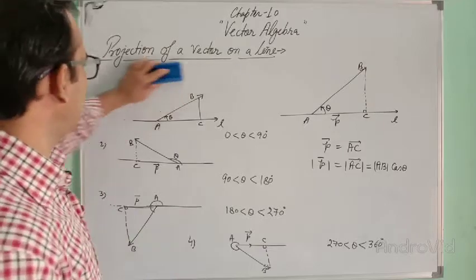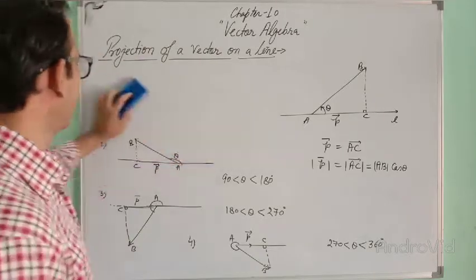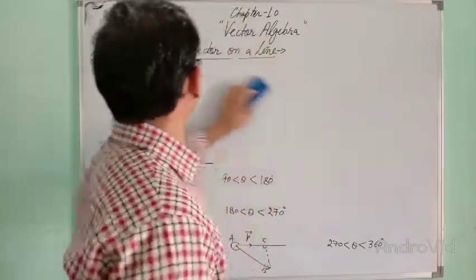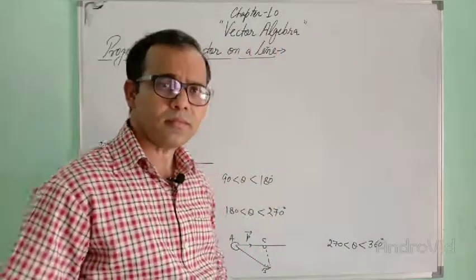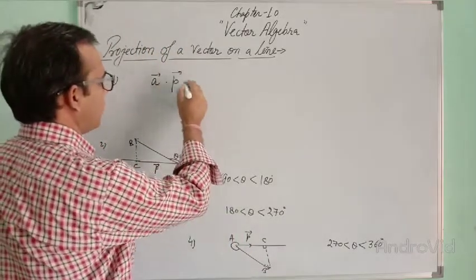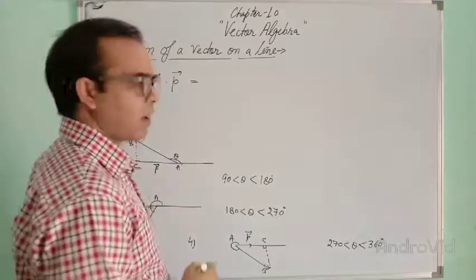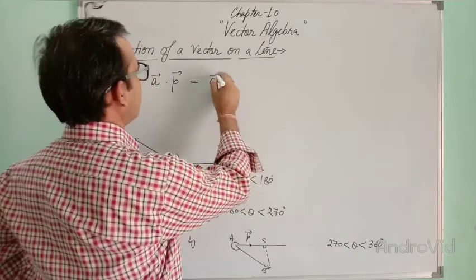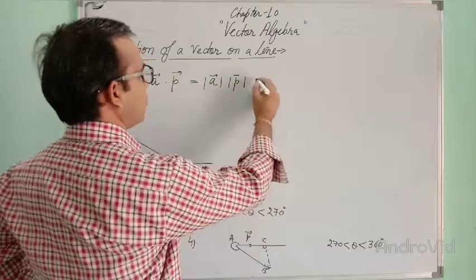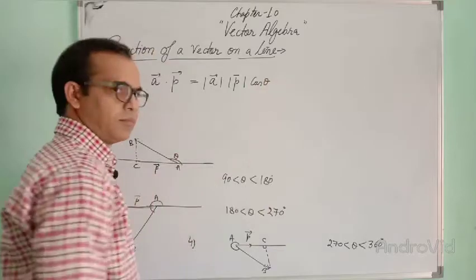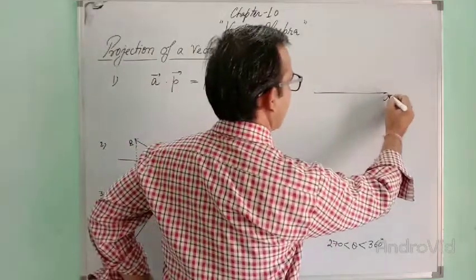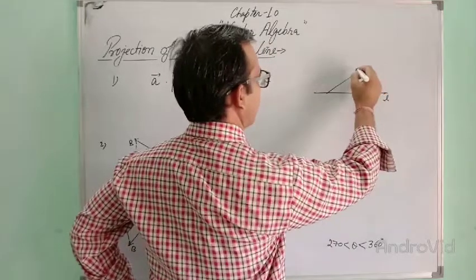Now let's draw some conclusions from this result that we have obtained. First is, a vector dot p vector. By the dot product of the two vectors, we can write a vector magnitude, p vector magnitude, cos theta. So here you see this is the directed line segment L and this is the vector AB.